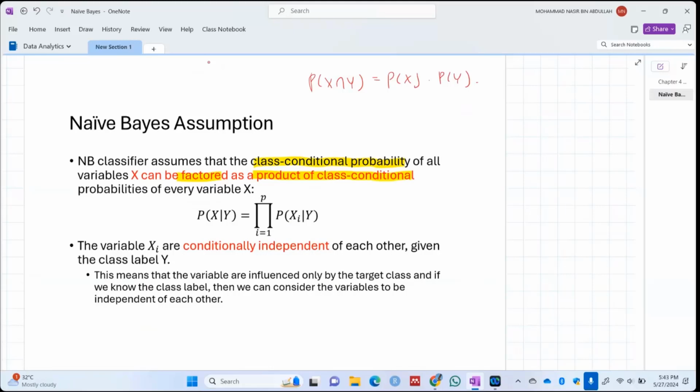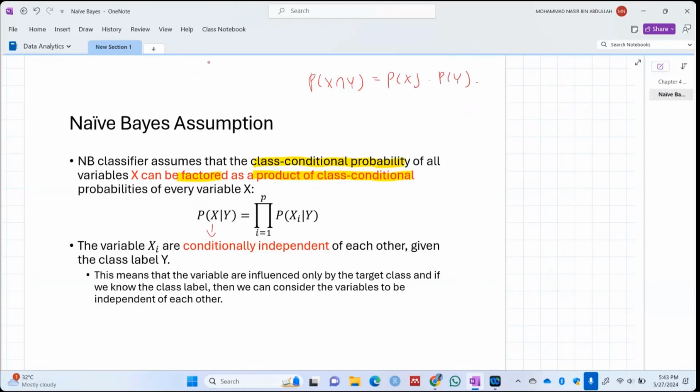So when it assumes the class conditional can be factored as a product of class conditionals, it means that X and Y are independent. The class conditionals are independent.